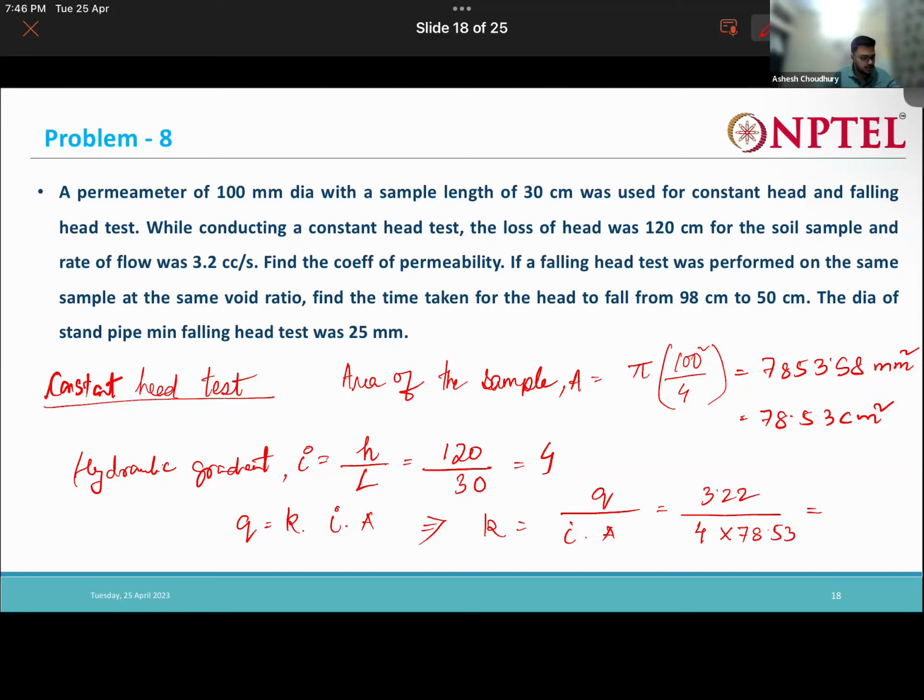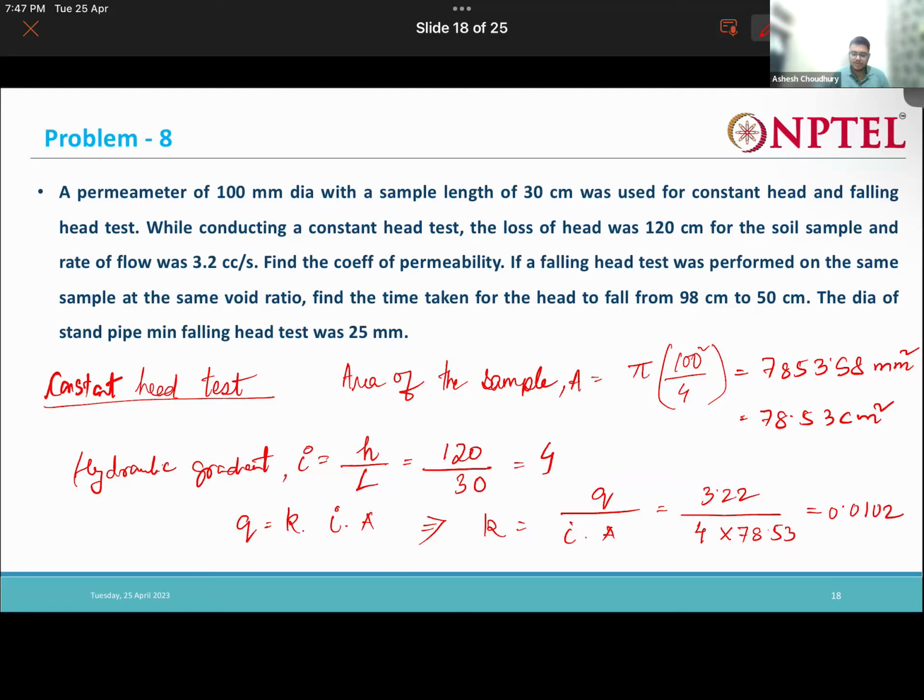So how much will it be? K comes to 0.0102.